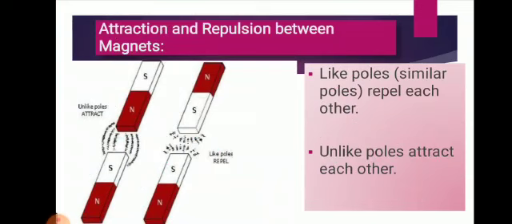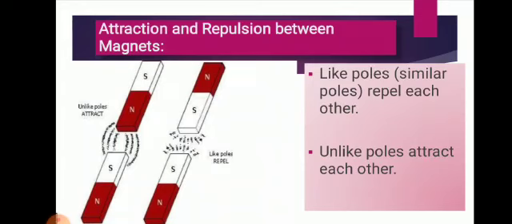First, when we place two magnets in such a way that the north pole of one magnet faces the north pole of the other magnet, or the south pole of one faces the south pole of the other, they repel each other. Repel means push away. So we can say that like poles, or similar poles, repel each other.